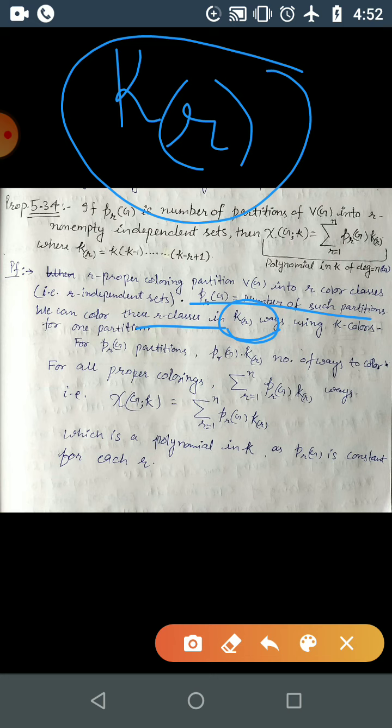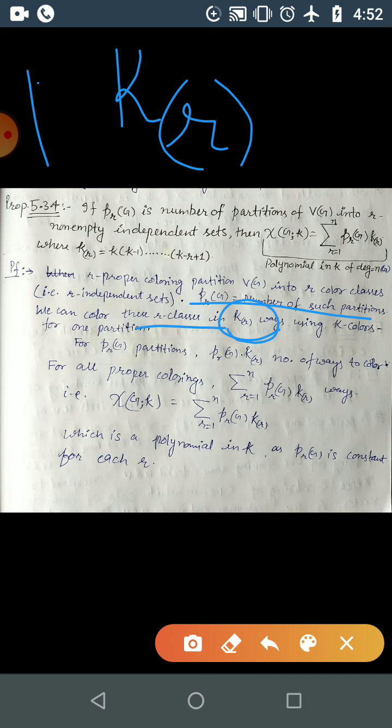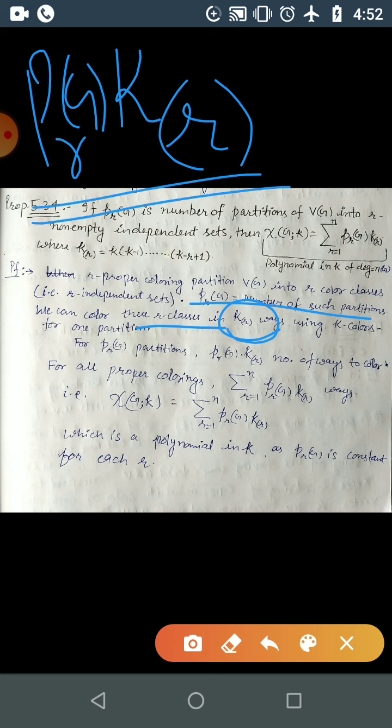And if the number of partitions is given as P_R, then for every partition it will be K^(R), correct. So this will be P_R, and for all colorings R can run from 1 to N. So there can be up to N coloring also, correct.